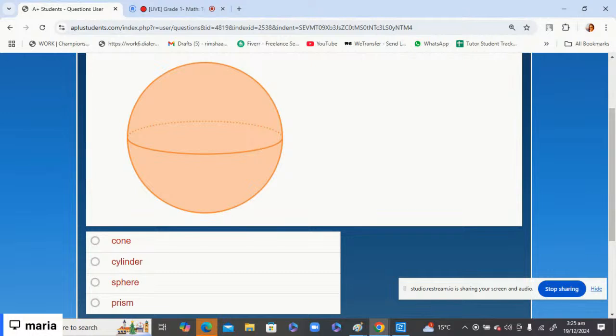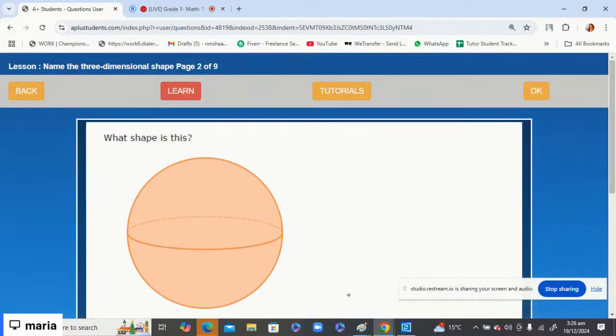Now check it out, the cone and the sphere. Is it a cone or is it a sphere? Option 1 or option 3? A or C? It's a sphere, okay? Good, it's option 3. That is a sphere.